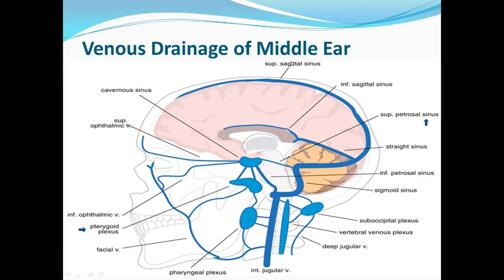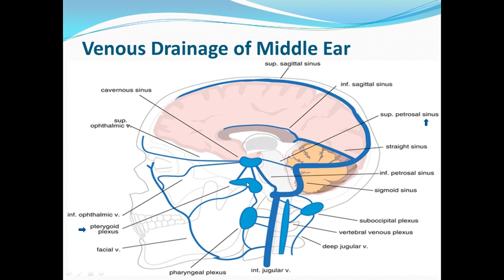Now, talking about venous drainage of the middle ear, all the venous blood from the middle ear will drain into the superior petrosal sinus. Yes, you can see this is the superior petrosal sinus, and this is the inferior petrosal sinus. The blood is draining into the superior petrosal sinus from the middle ear, as well as the pterygoid plexus, in which the remaining venous blood will drain.